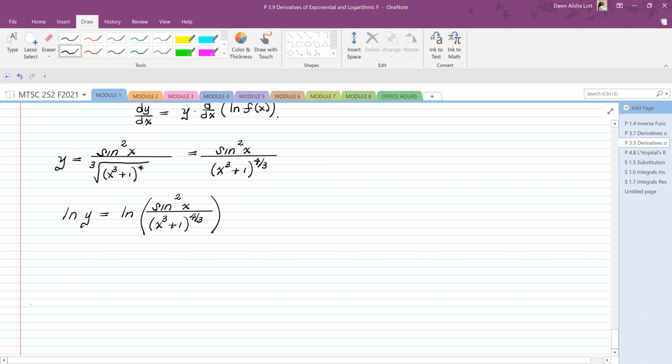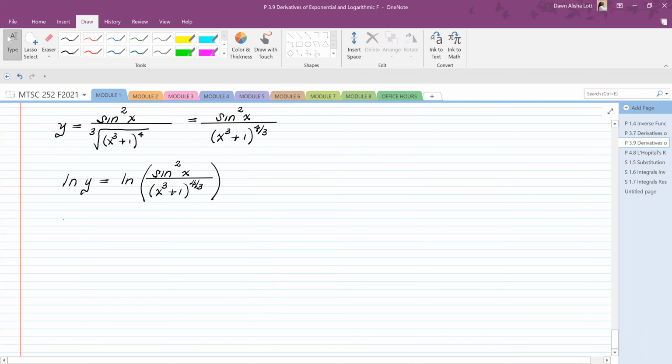And what can I do with that? I can use a bunch of those rules we just learned. So now the log of y is the log of the sine squared of x, which is the log of sine of x squared, minus the log of x cubed plus 1 to the 4/3 power.